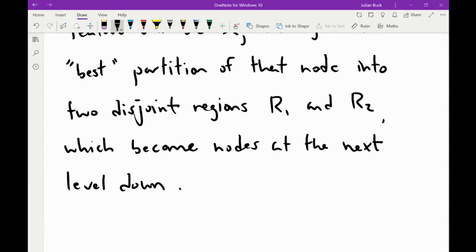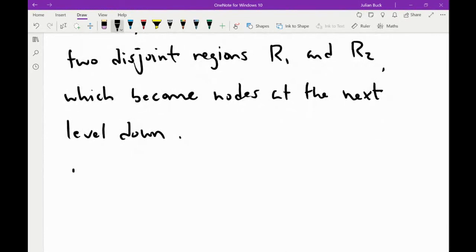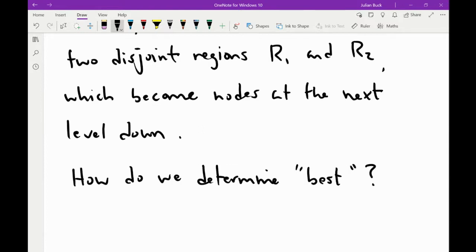Okay, so anytime we describe a process like this, and we use a word like best, especially when we put it in quotes like this, the immediate question is, how are we defining that? How are we determining it? And the answer is through loss functions.